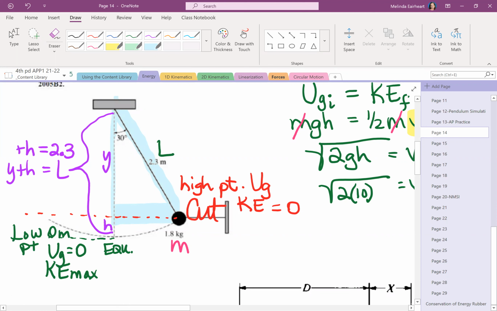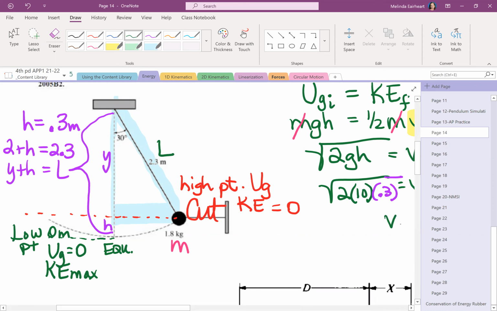And so how do I find that Y? Well, someone grab a calculator. You'll use what trig function to find that adjacent side? Cosine. Turns out it's 1.99, we'll just call it 2. And so the height change is actually going to be 0.3. And that's what you'll plug in to get your speed.